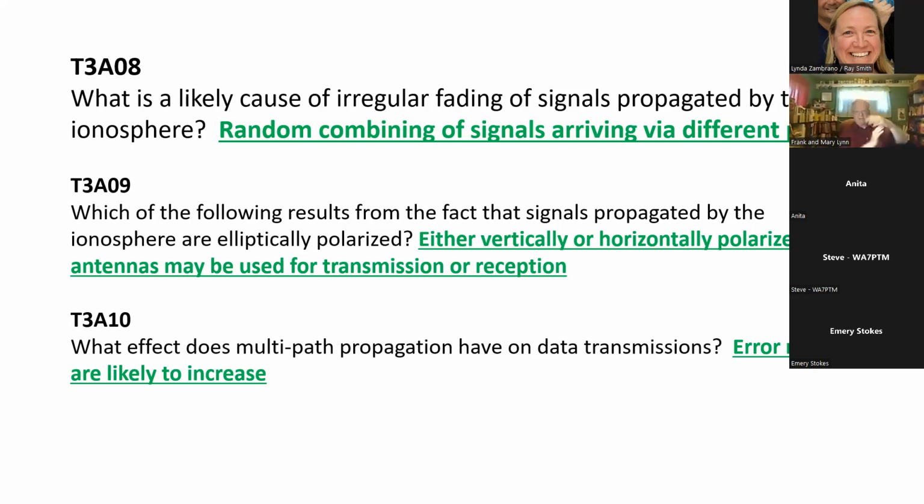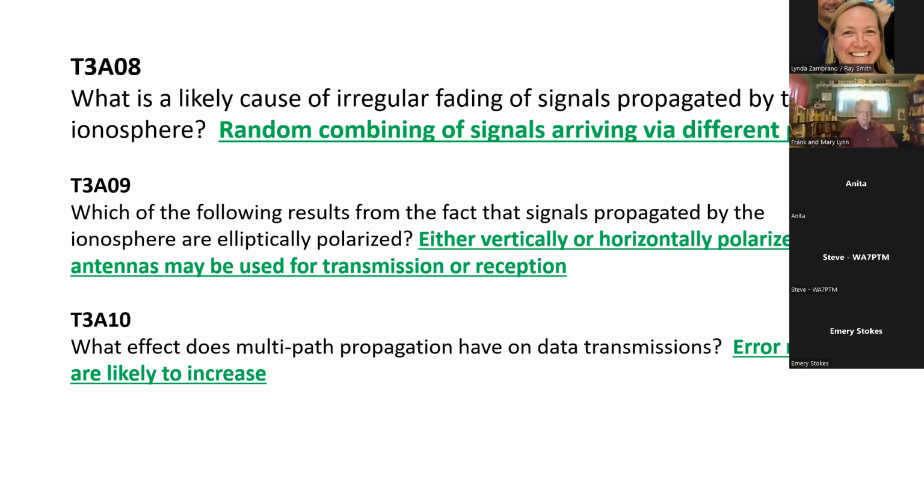They're sort of rotating, or they're not perpendicular to each other. And in that case, because they're changing and they're not just strictly vertical or horizontal, that means that either vertically or horizontally polarized antennas may be used for transmission or reception.